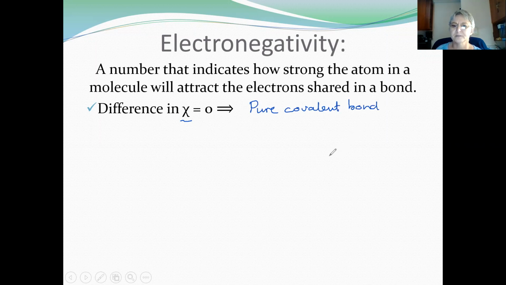And I'll explain it in more detail while using the examples. The next is if the difference in electronegativity is less than 0.9, you have a degree of polarity.